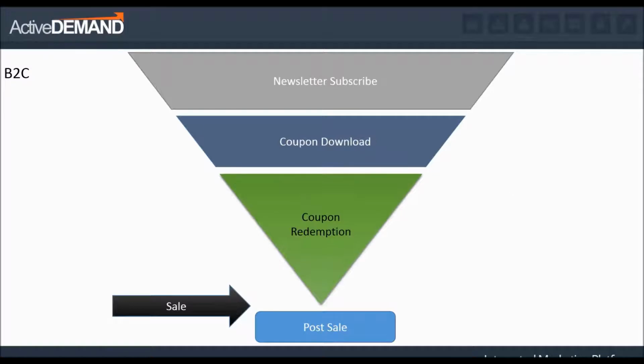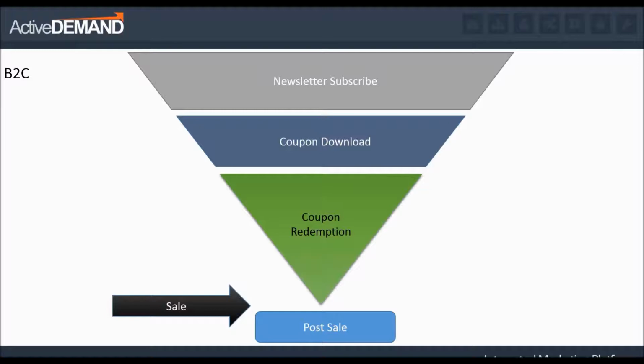It's a little bit different picture for business to consumer because the sales relationship may be a little bit shorter, but there's still a funnel shape. Again, there are more people at the top than at the bottom, and there's natural funnel attrition. For example, in B2C, maybe a top signal would be a newsletter subscribe.